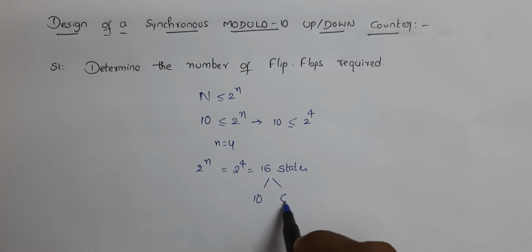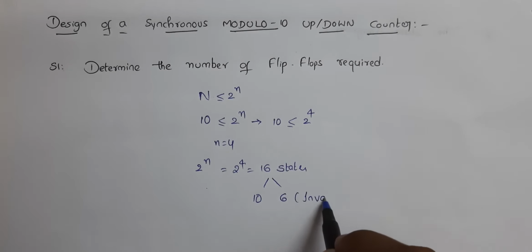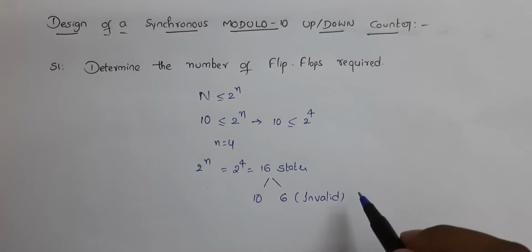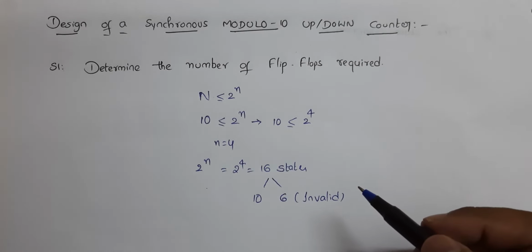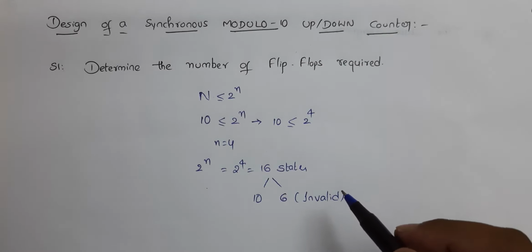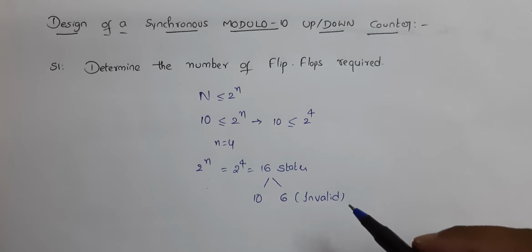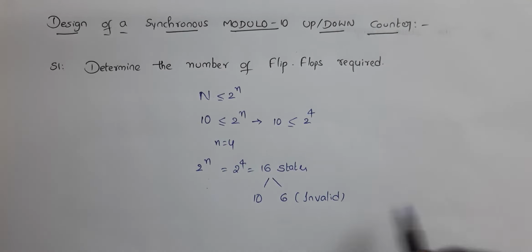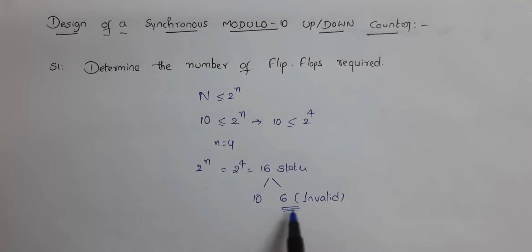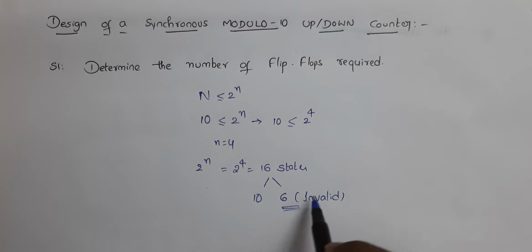The remaining states are invalid states. The entries for the excitations corresponding to the invalid states we consider as don't care. That means these 6 states we should consider as don't care conditions.